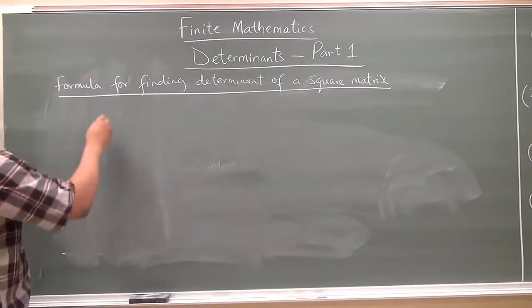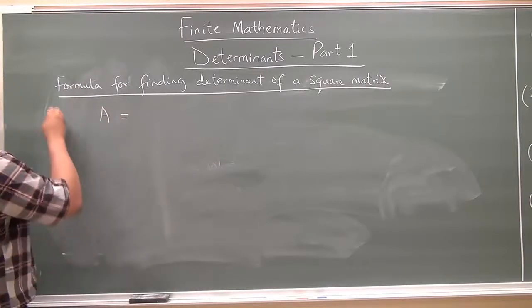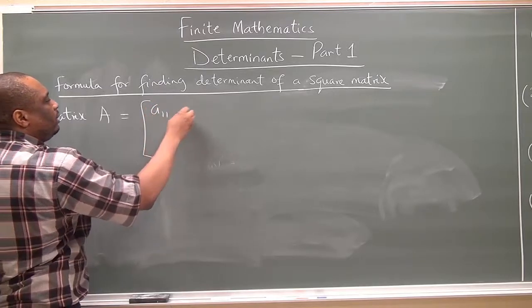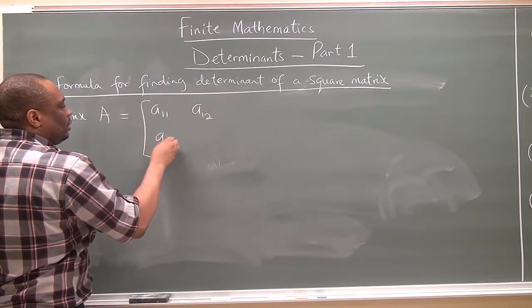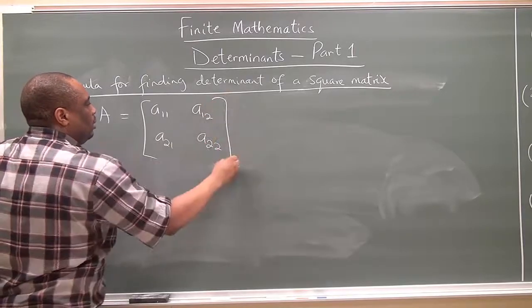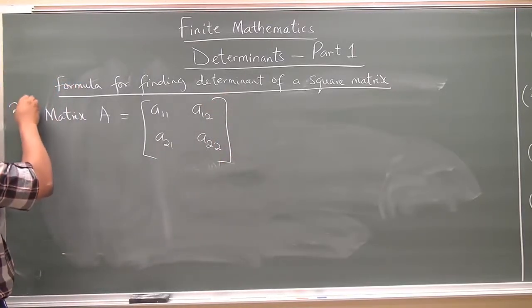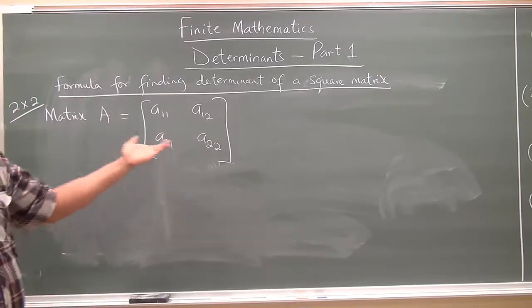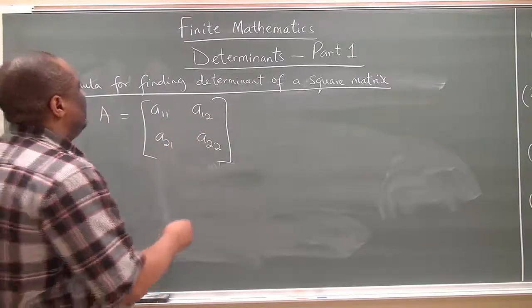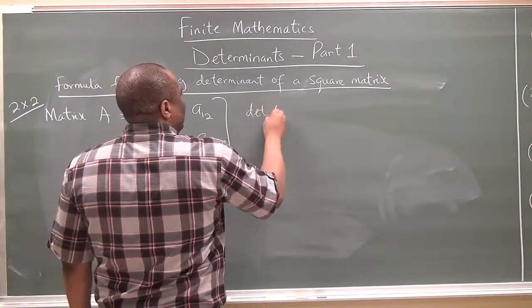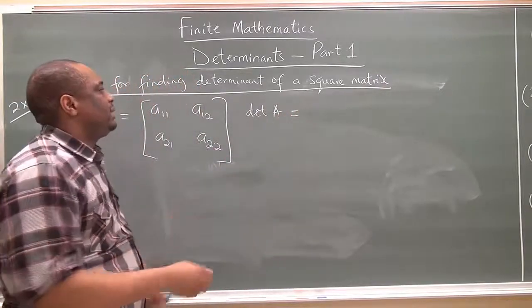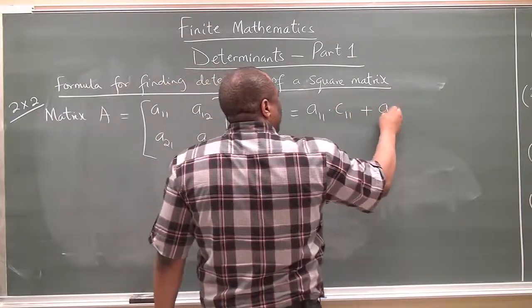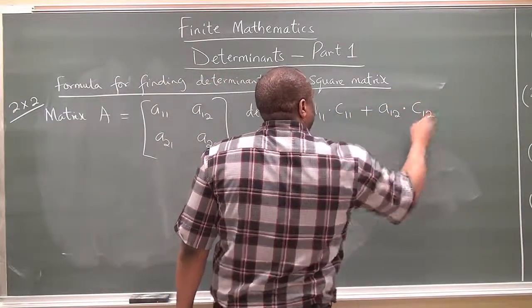Let's say matrix A is A11, A12, A21, A22. Okay, this is for a 2 by 2 square matrix. So if we have a 2 by 2 square matrix with these elements, then determinant A will be, of course, A11 times C11 plus A12 times C12.